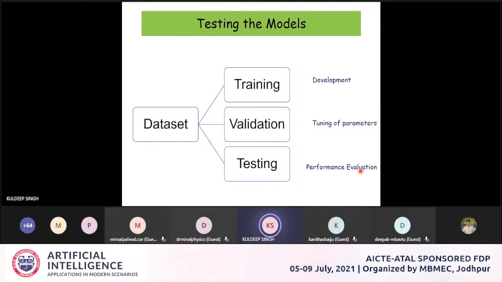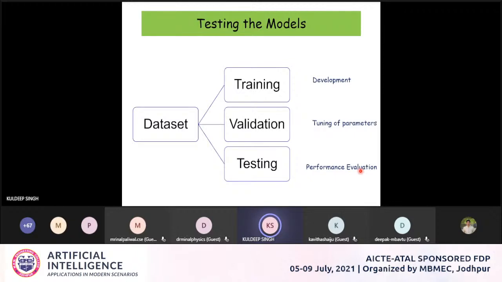Training dataset is responsible for the development or building of the model. The validation dataset, sometimes it's part of the training process. It is used for tuning the parameters.